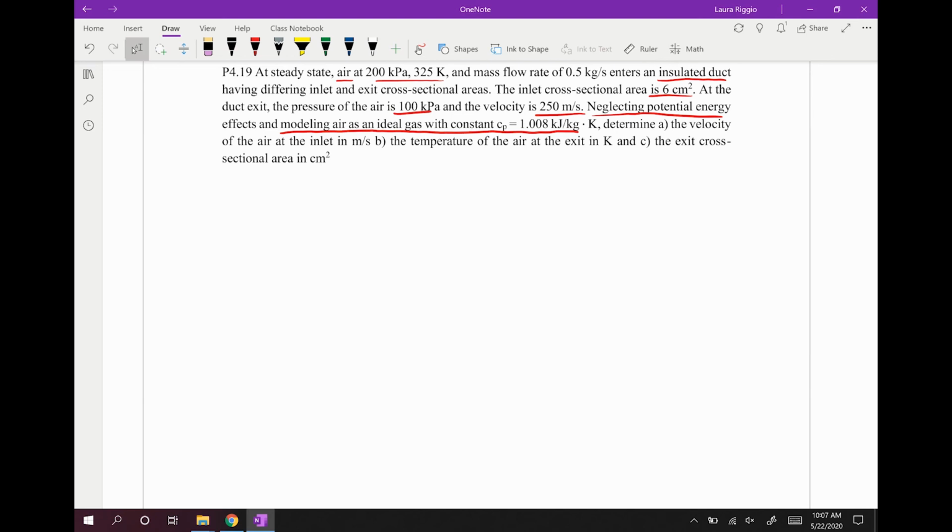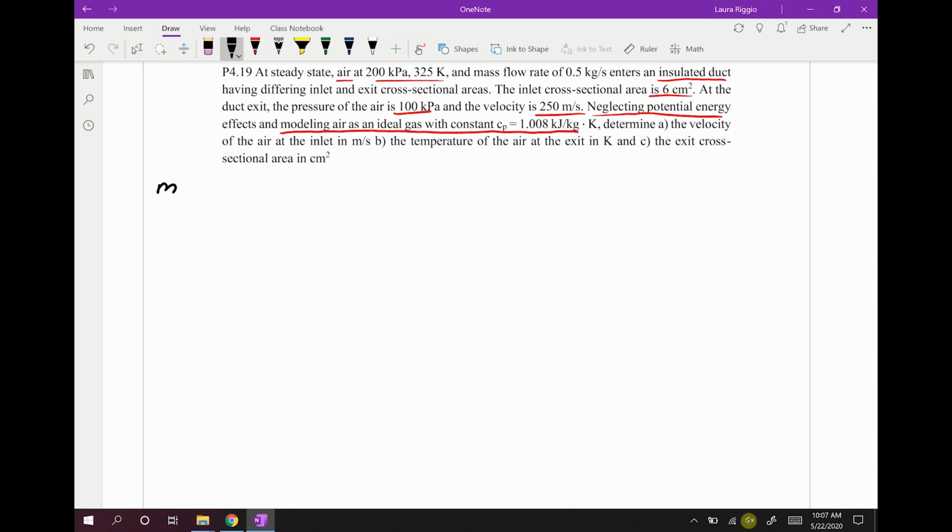At the duct exit, the pressure of the air is 100 kilopascals and the velocity is 250 meters per second. If we neglect kinetic and potential energy and we model air as an ideal gas with constant specific heat, we want to determine the velocity of the air at the inlet, the temperature of the air at the exit, and the exit cross-sectional area.